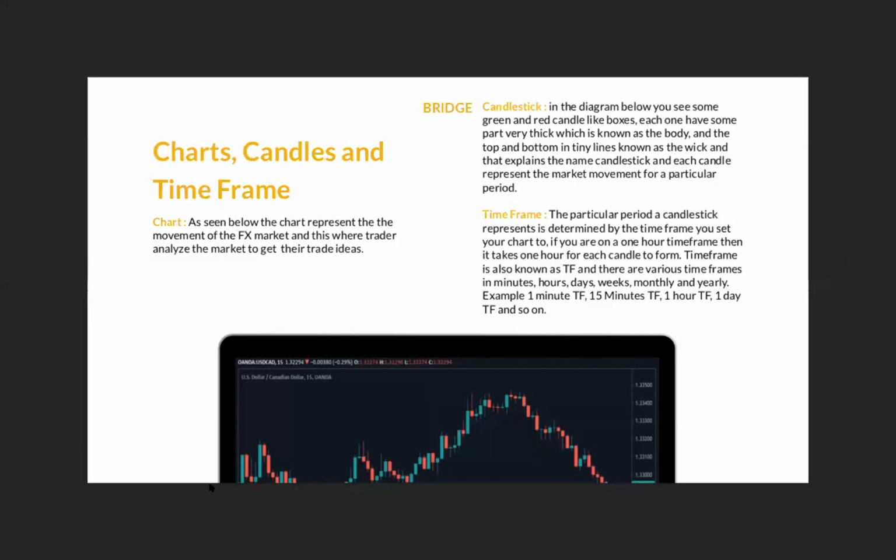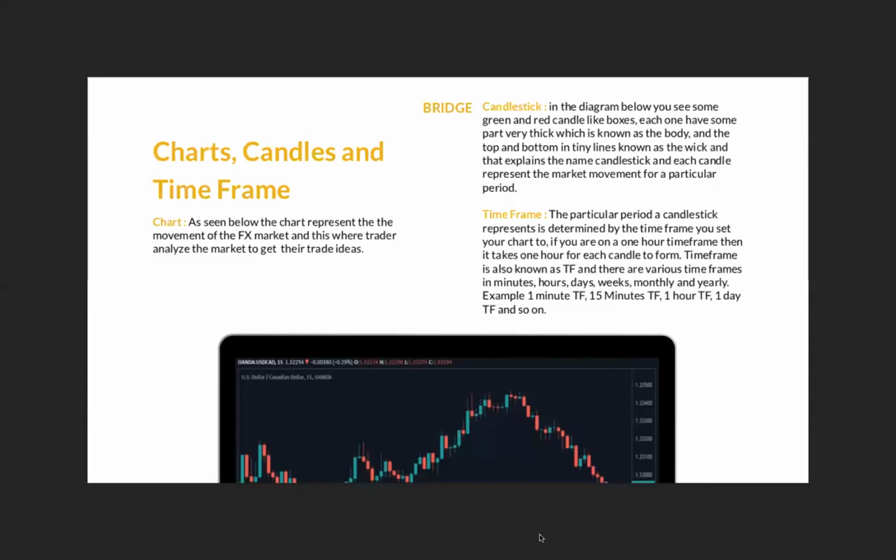Looking at this screen right here in this diagram, you can see a forex chart. I believe by now anyone on this call should know what a forex chart looks like, be it on the phone or on the computer. You know what a forex chart looks like already.